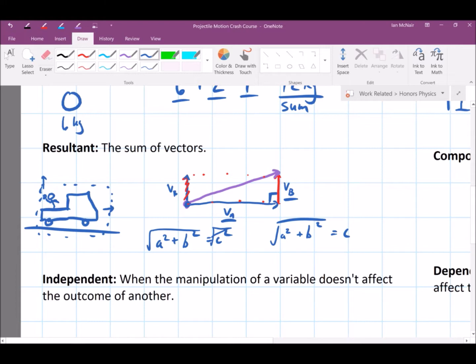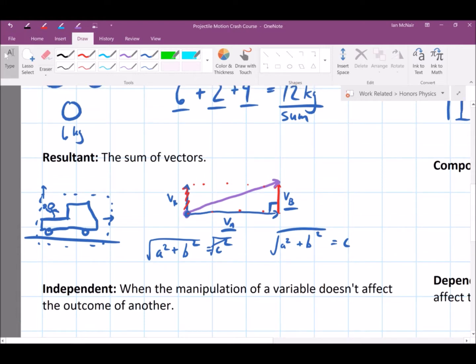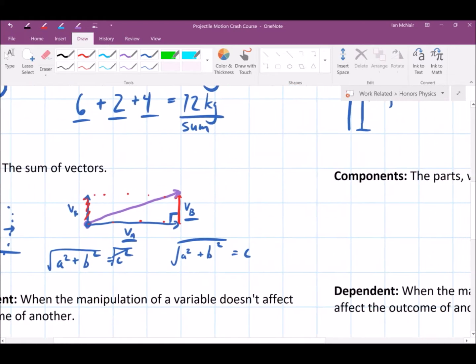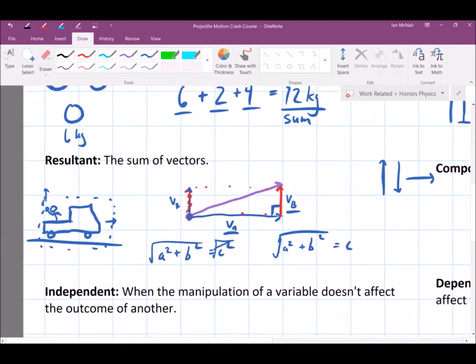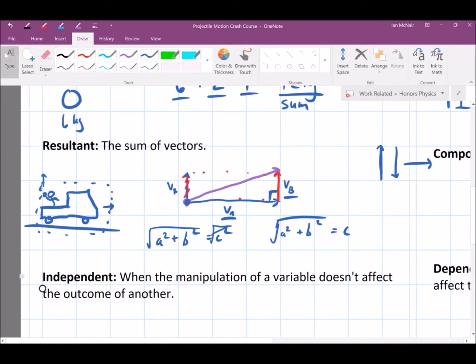Something that's nice about vectors is that if we have a lot of them, let's say a vector that goes up, then a vector that goes down, and a vector that goes right, it doesn't matter which way we add them up, because we're always going to get the same amount. So I'm going to give myself a little more room here.